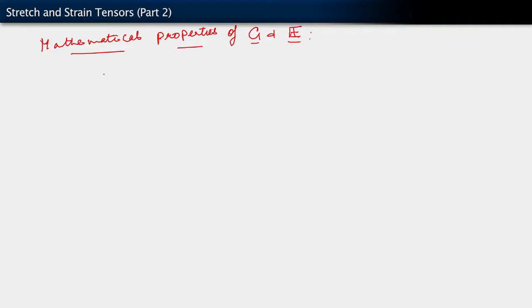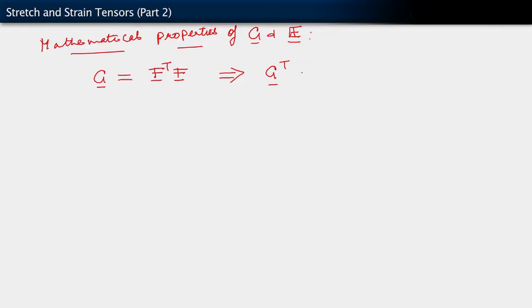Okay, first of all, recall that C is F transpose F. What does this imply for C transpose? If C is the product of two tensors on the right-hand side, the transpose of a product is the product of the transposes, but in the reversed order, right?